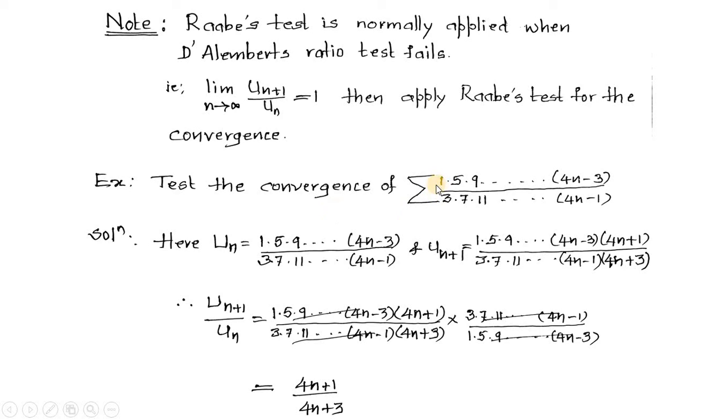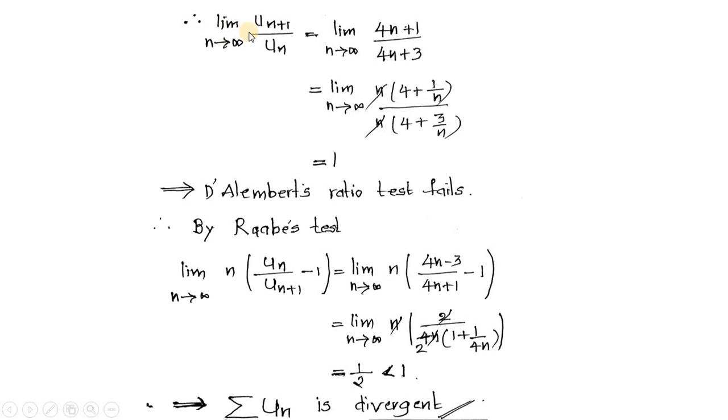The series is 1, 5, 9, and so on, up to 4n minus 3, divided by 3, 7, 11, up to 4n minus 1. Here we write the nth term as this and the (n plus 1)th term as this. Taking the ratio un plus 1 by un and simplifying, we'll have (4n plus 1) divided by (4n plus 3). Applying the limit on both sides, we get the value 1, which implies that D'Alembert's ratio test fails here.